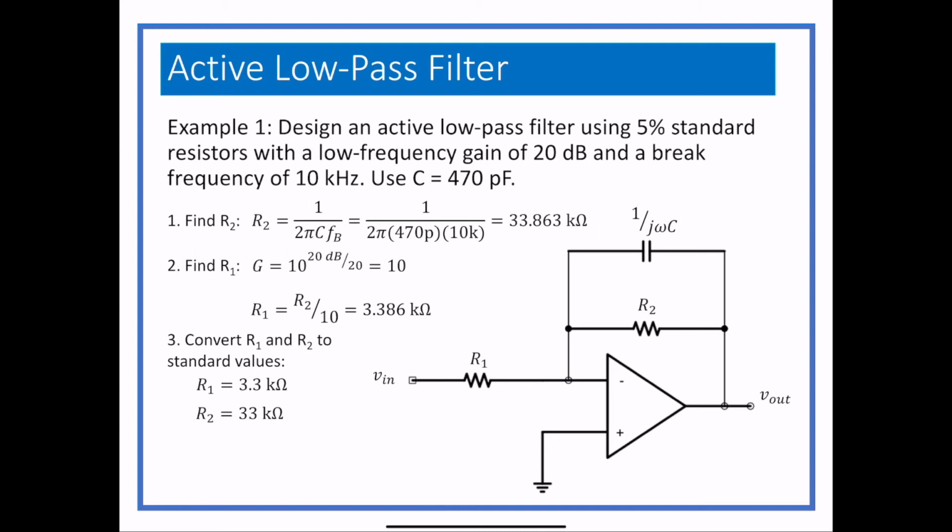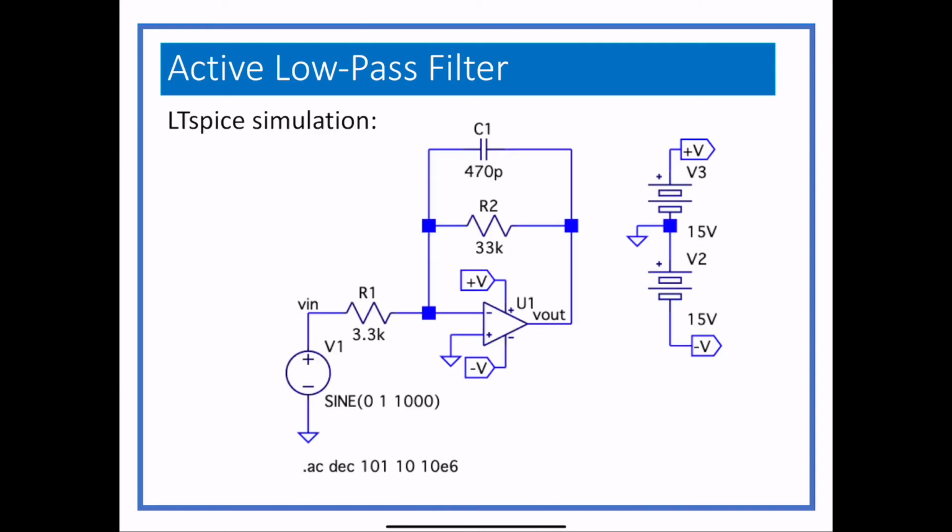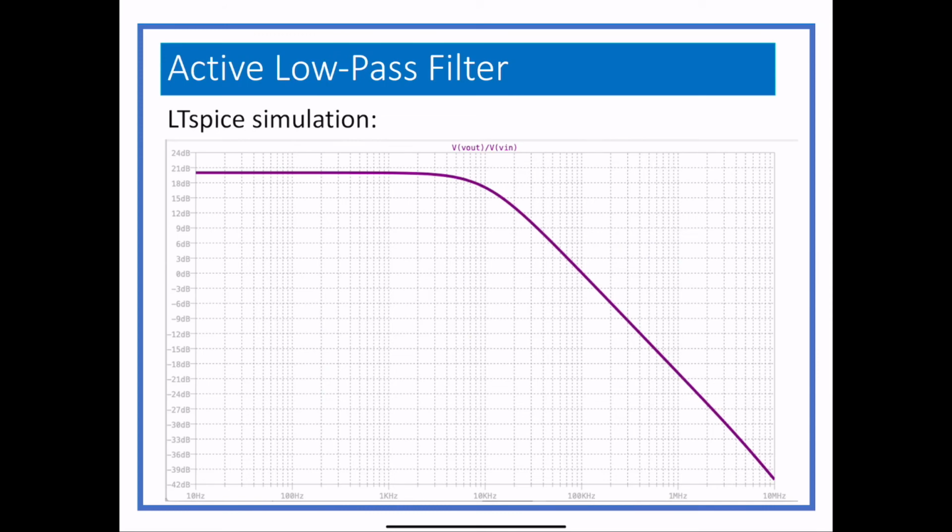But after you're done, you basically test the circuit. And this one was run through LTspice. And when you do that and you get an output, you can actually look and see the low frequency gain is 20 dB, which is what it's supposed to be.